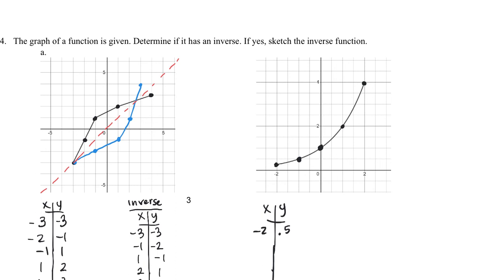So this point is actually -1, well, you know what? Then that means that this is 0.25, isn't it? Yeah. -2, 0.25. Boy, that's a mean trick. And then this would be -1, 0.5. And then we have 0, 1. There we go. And then 1, 2. And then 2, 4.